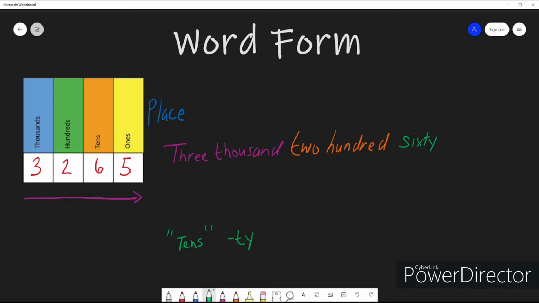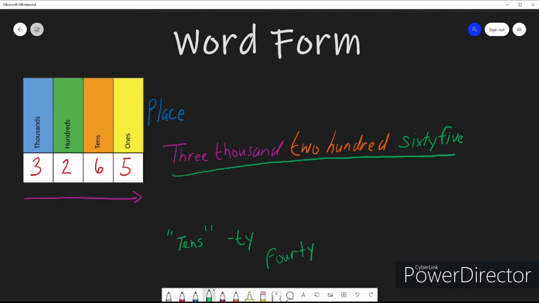If there was a 4 in there, you'd write 40, and so on. And we're wrapping up with the 5. We don't write 5 ones. We end up writing in just 65. And that wraps up word form.